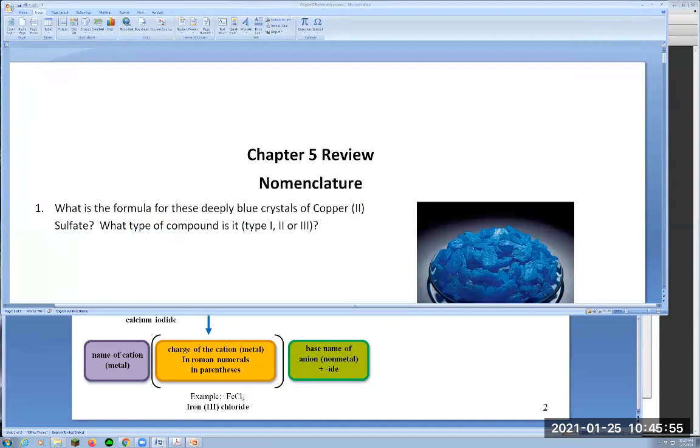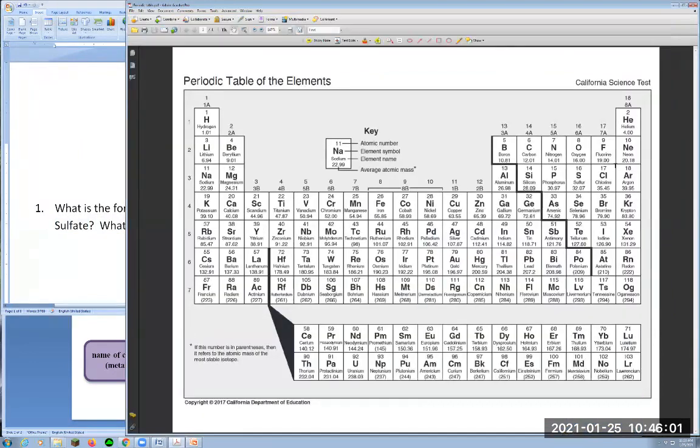So we have this name, copper 2 sulfate. You are looking at the periodic table to find copper. Copper is here, and the symbol is Cu. So we have Cu, and it says 2 in Roman numerals in parentheses after copper.